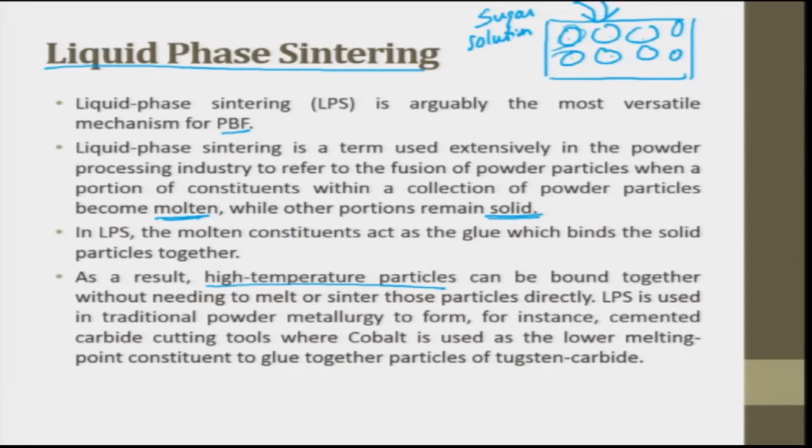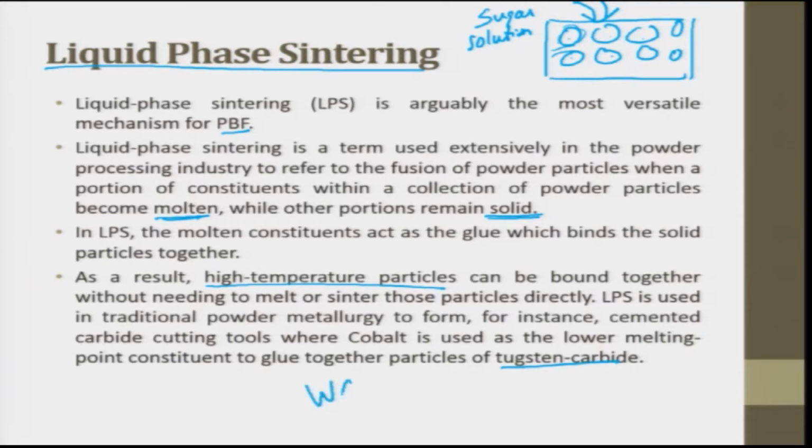Suppose you take SiC particles and you want them to sinter to each other, you have to apply huge energy. So, high temperature particles can be bound together without needing to melt or sinter those particles directly. LPS is used in traditional powder metallurgy to form, for instance, cemented carbide cutting tools, where cobalt is used as a lower melting point constituent to glue together the tungsten carbide.